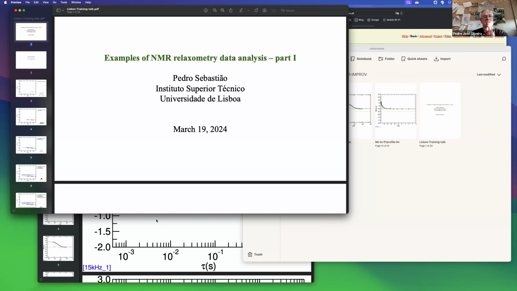In this case, the Larmor frequency, which is proportional to the magnetic field that we use in our NMR experiment.